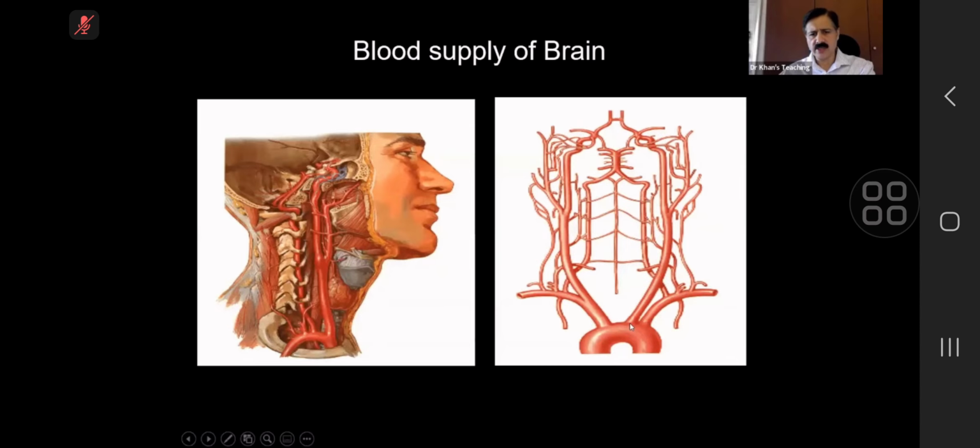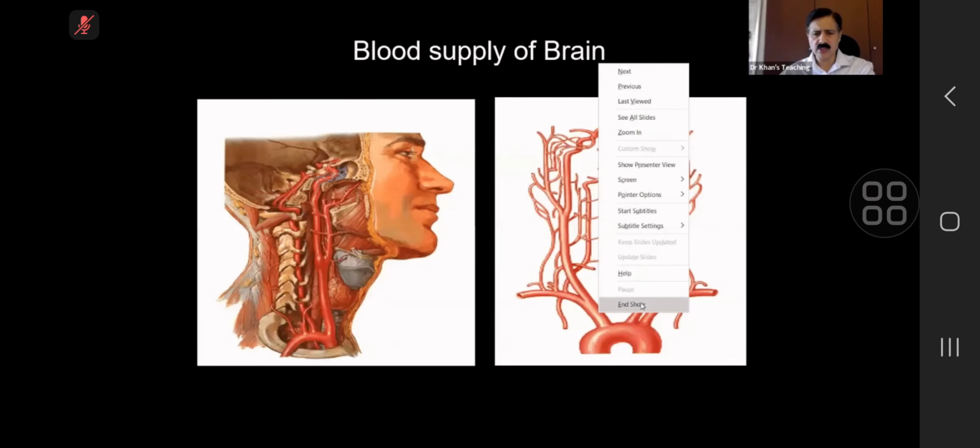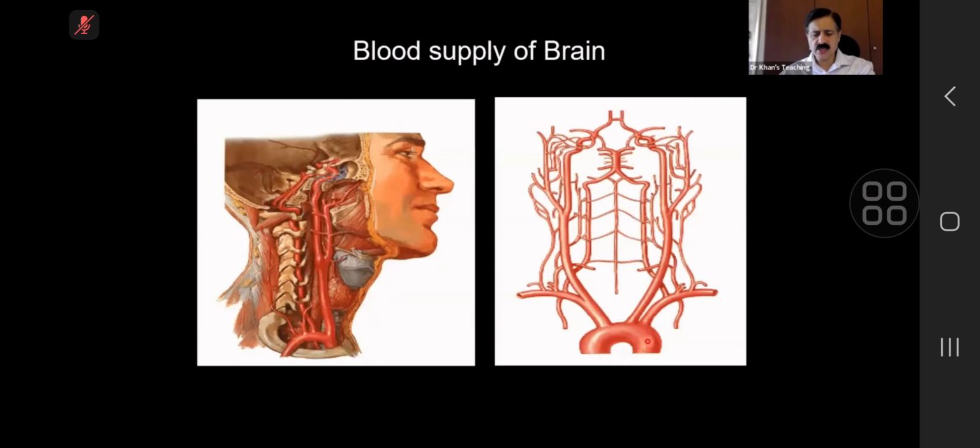If you see this schematic diagram, this is critical for you because this per se becomes an exam case. They will show you an MRA. They can also show you a CTA, which will be a MIP sequence, just showing you this bit. Now, this is the arch of aorta, so the brachiocephalic and the common carotid.